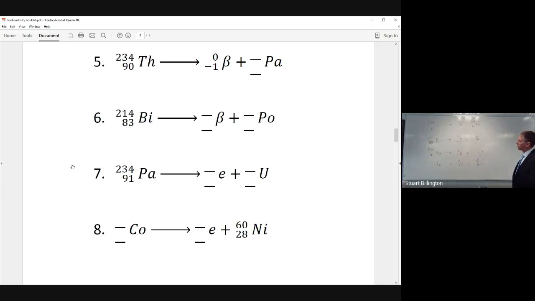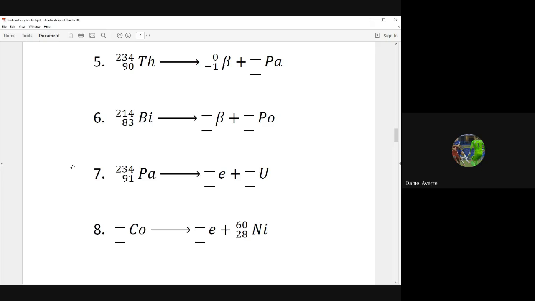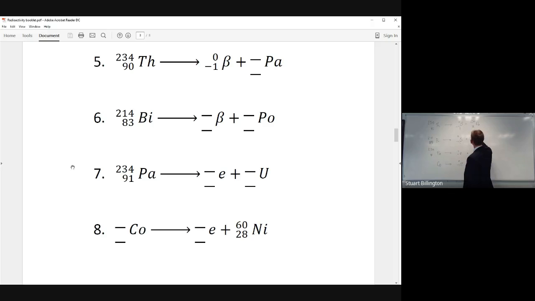Okay, who wants to unmute and tell us about bismuth decaying into polonium via a beta particle? What are the numbers for the polonium? Is it 234 and 91? I think you've just done the first question again, the protactinium.